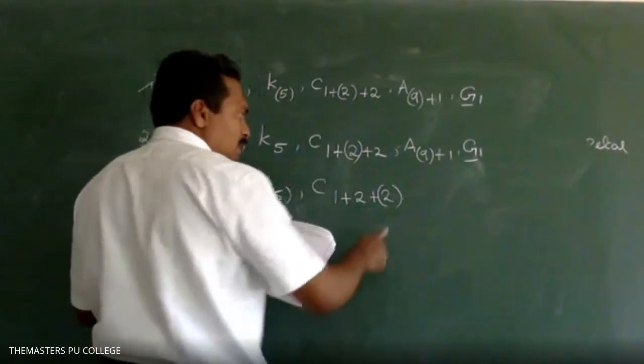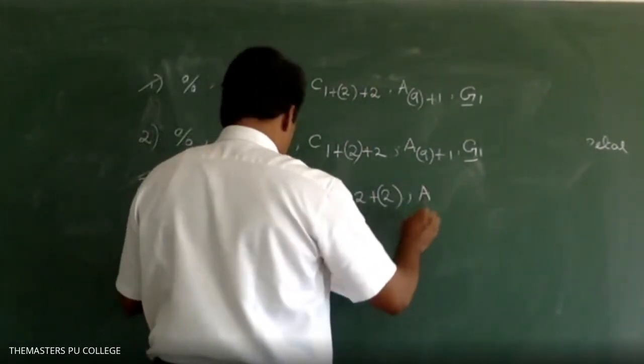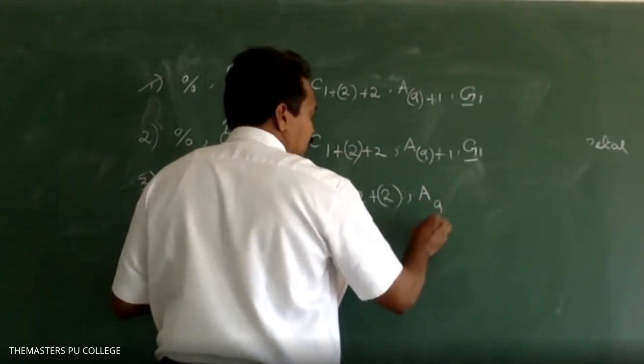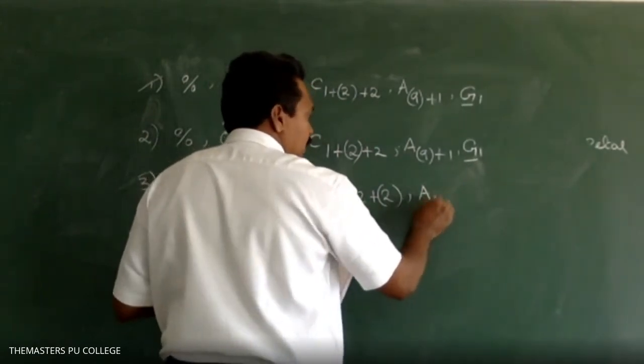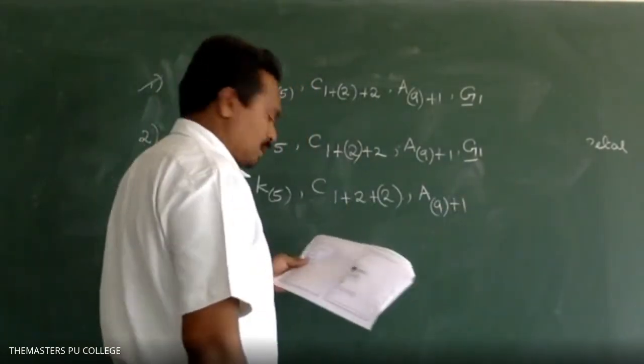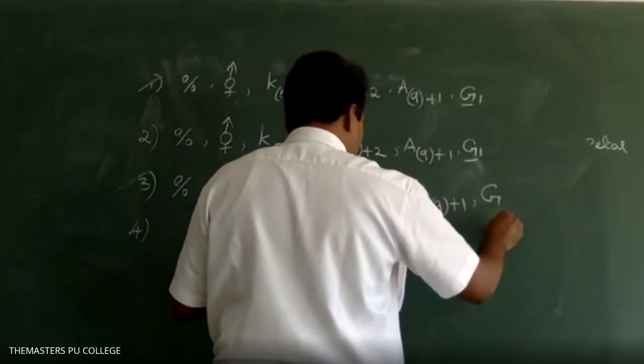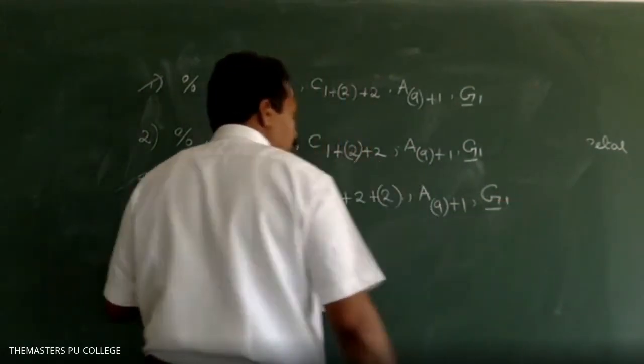Two of the petals are fused with each other. Next, androecium consists of 10 stamens. Among the 10, 9 are fused and 1 is free, 9 plus 1. Gynoecium consists of 1 carpel. Hypogynous.